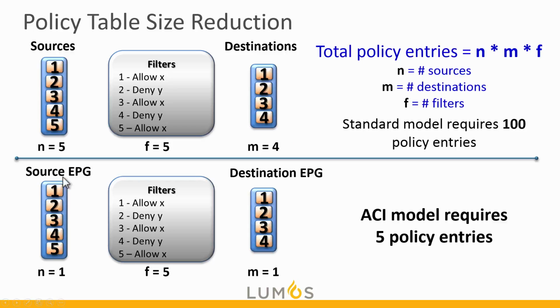So it wouldn't matter if you scaled 100 or 1,000 endpoints inside your source and 100, 1,000, or 5,000, whatever, in your destination. It would always be one source to one destination times the number of filters. So 1 times 5 times 1, we only require 5 entries regardless of the number of sources and destinations or endpoints within any 2 EPGs.